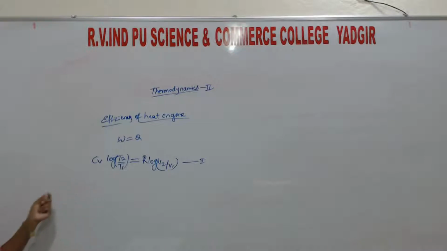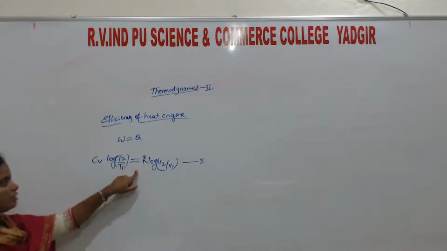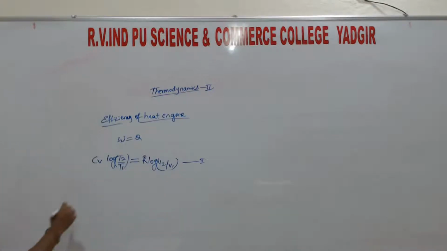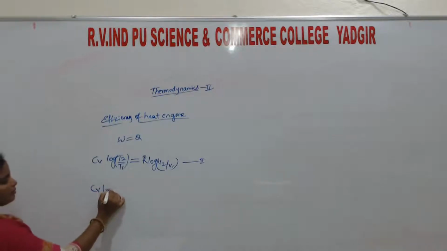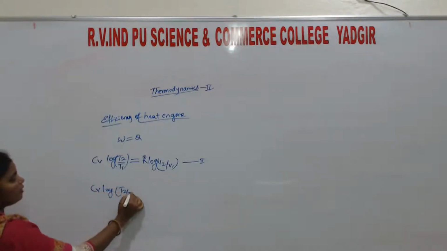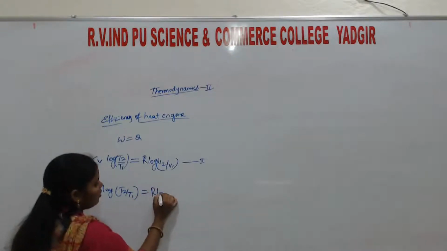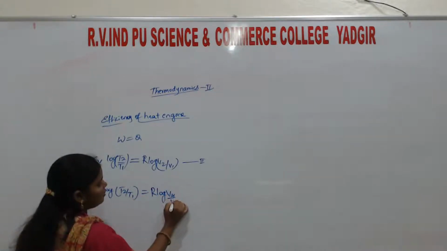Next, there is another equation, for adiabatic expansion of an ideal gas. Here Cv log of T2 by T1 is equal to R log of V4 by V1.